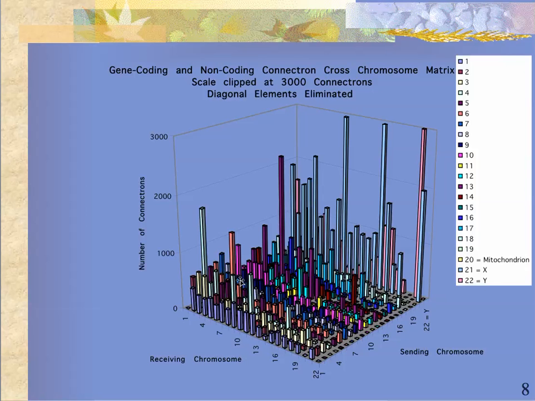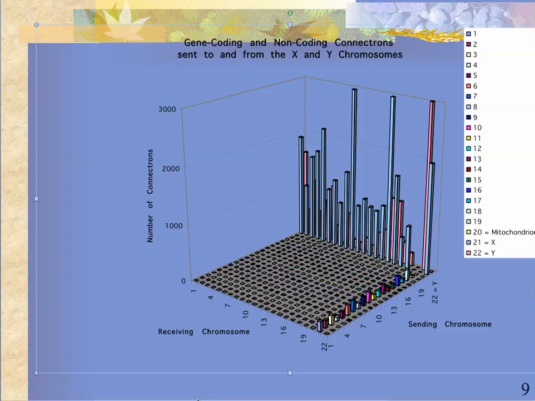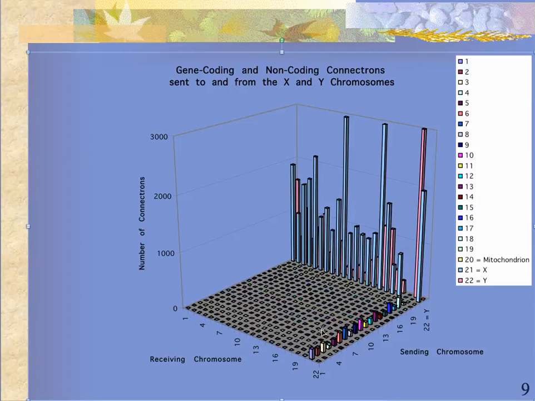And of course, each chromosome sends connectrons to X and Y. So if you knock out, logically, the 19 by 19 matrix of interchromosomal connectrons, then you see that each chromosome sends connectrons to X, which is blue, and to Y, which is pink, and that Y sends to X, and that it's only X that sends connectrons back to Y. Sorry, I'm just playing with PowerPoint there.